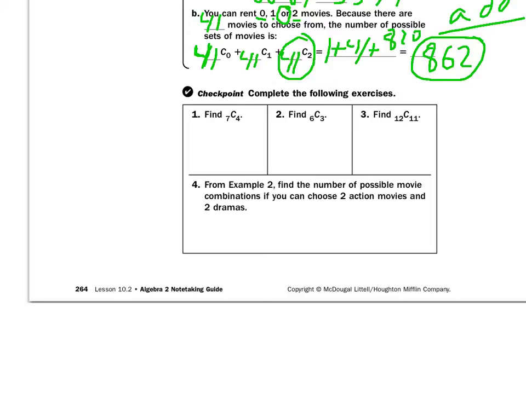All right, welcome back. Hopefully you found this one was 35 and 20 and 12. Hopefully you got that. And this one was going to be 588. It said from example 2, find the number of possible movie combinations if you choose 2 action movies and 2 dramas.